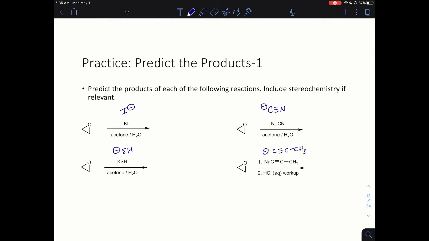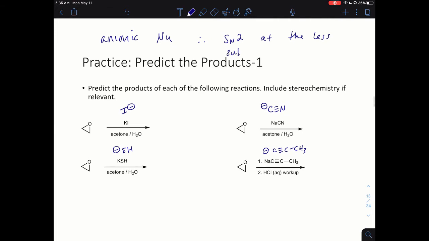So that tells us that we will observe SN2 at the less substituted carbon, because that carbon will have the fastest rate of SN2, as we know. Of course, for this epoxide, the carbons are the same, but let's say we had this epoxide. You would see a substitution of the less substituted carbon followed by proton transfer.